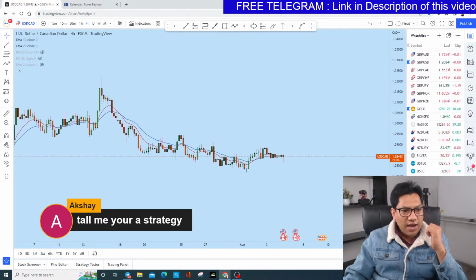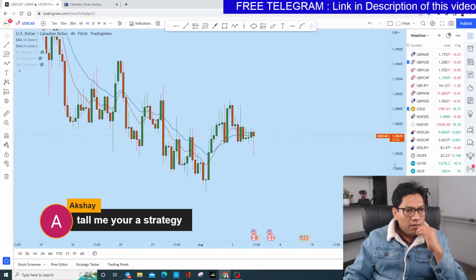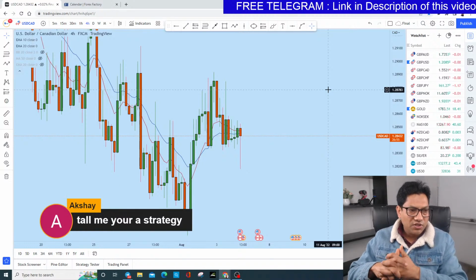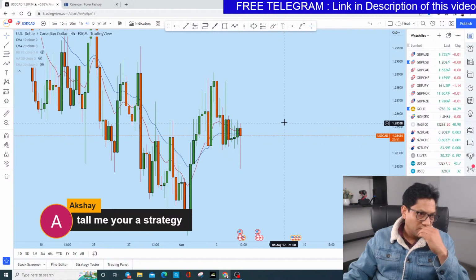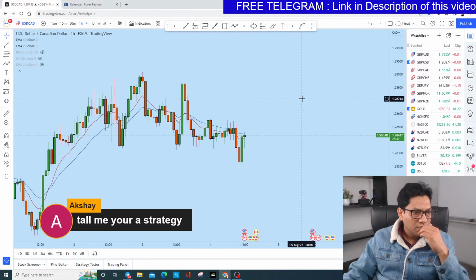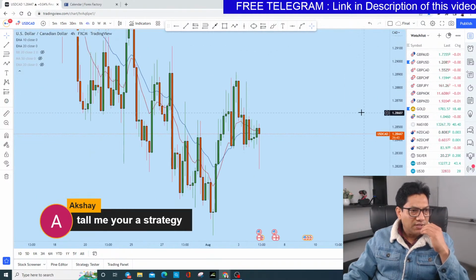Now USD CAD. Tomorrow is NFP and USD CAD will be really volatile. What we see is that USD CAD first broke down and then went above again. So what is likely to happen with USD CAD? Let's see.